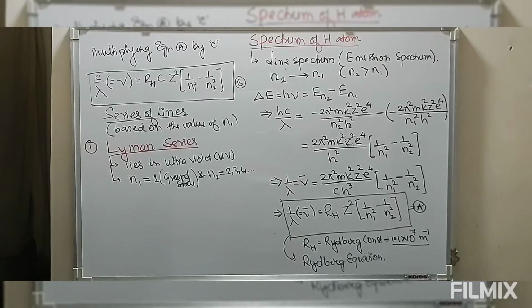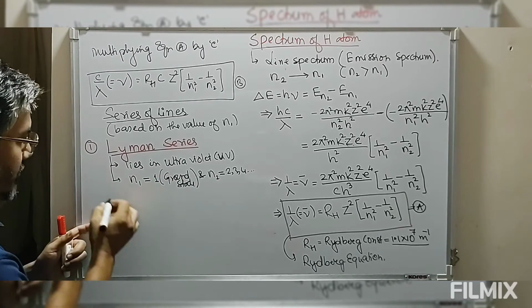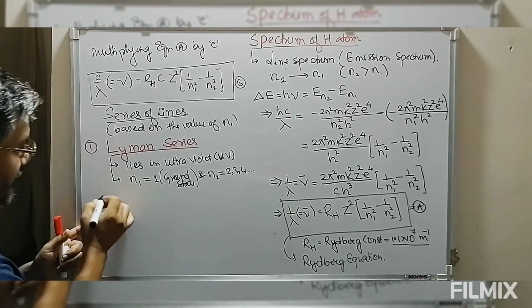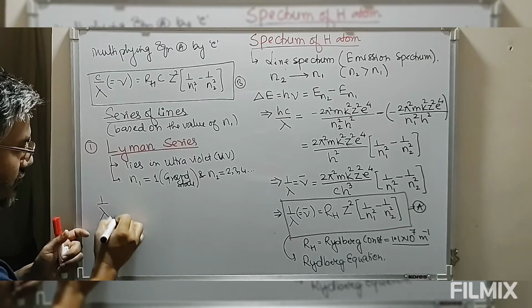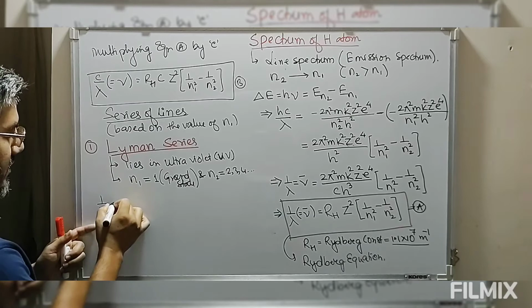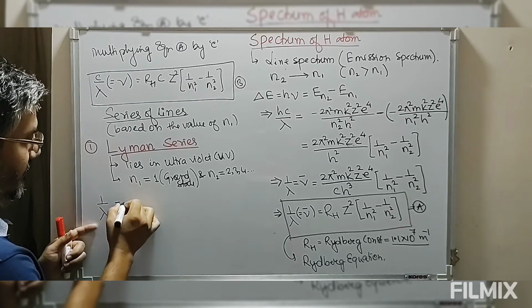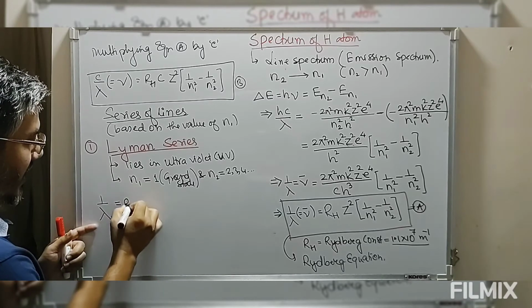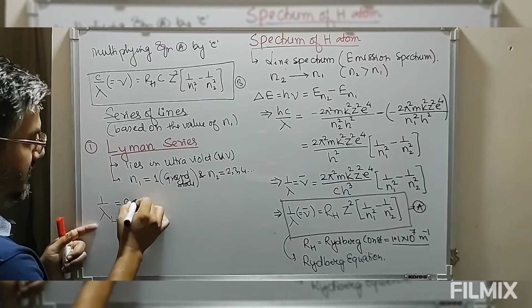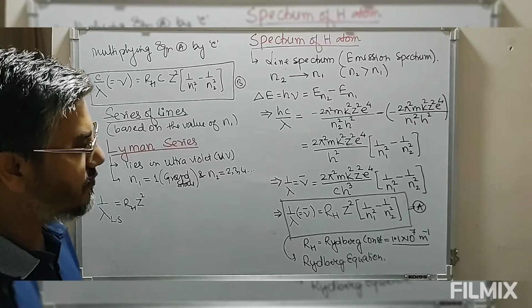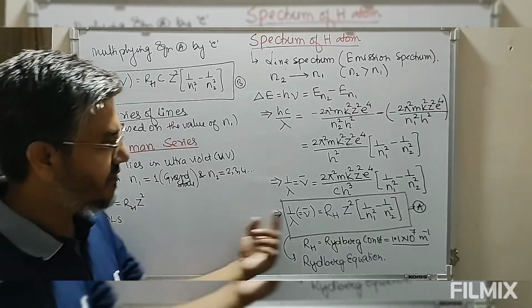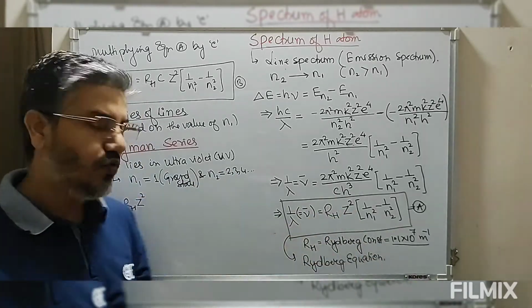Now we can modify this equation. From this Rydberg equation, 1 by the wavelength of the Lyman series is equal to RH Z square. Why am I using this Z square? Because it applies to any other one-electron species; for hydrogen, Z will be equal to 1.